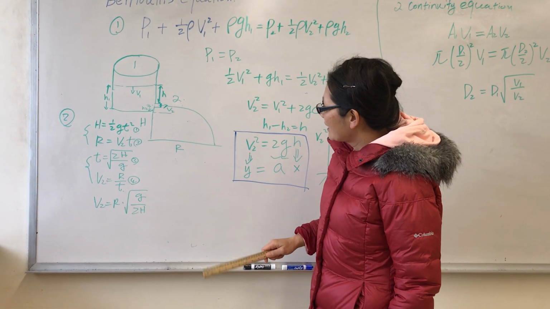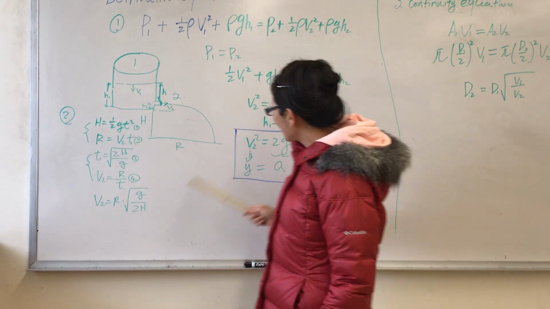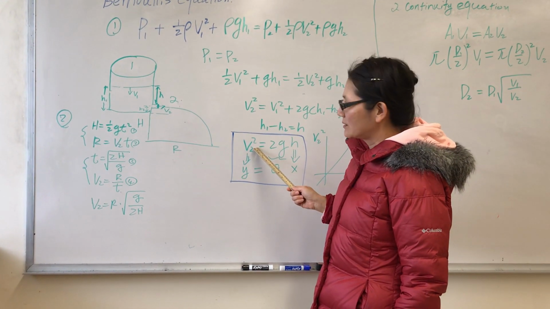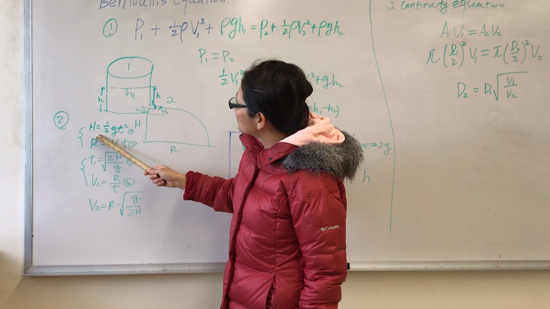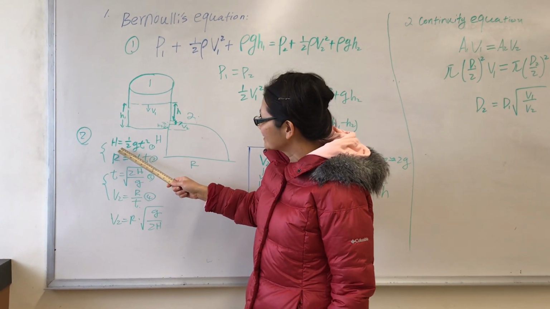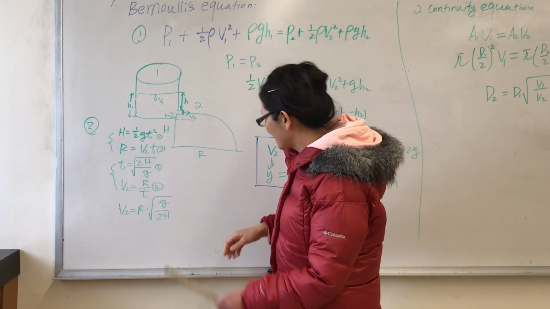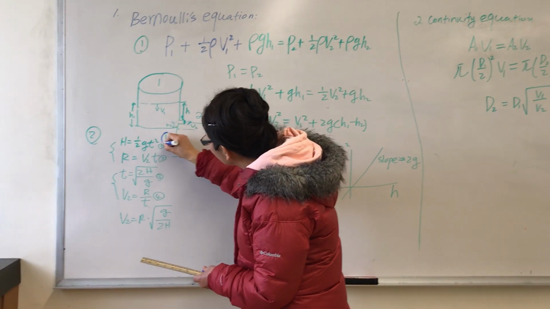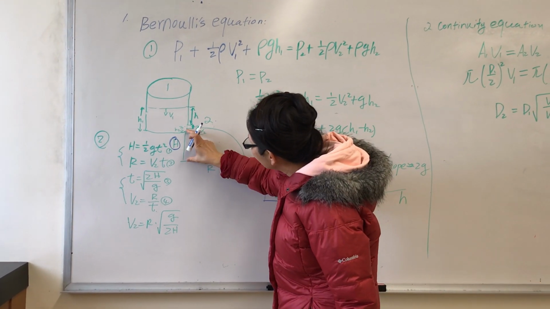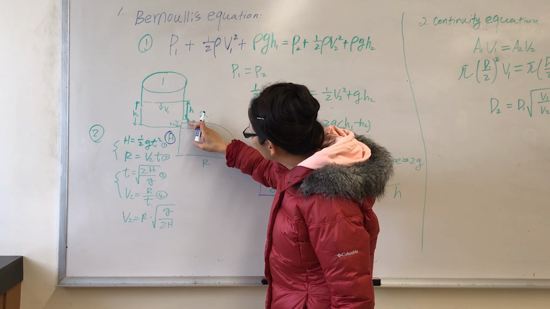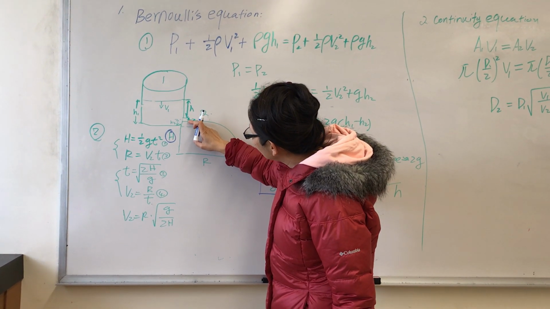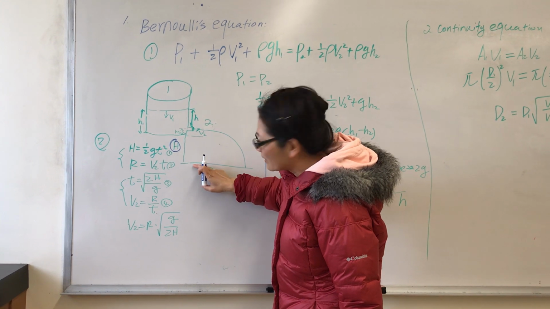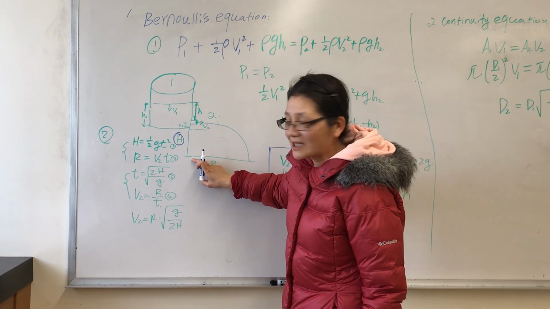Right now, let's talk about how we are going to find V2 squared. For V2 squared, I'm going to use the projectile equation. So this is a big H. I'm sorry, I forgot this. Oh, here. So this is the big H. The distance big H is from the middle of the orifice to the bottom ruler. This ruler is not the tank.